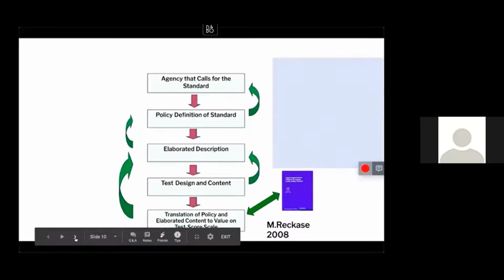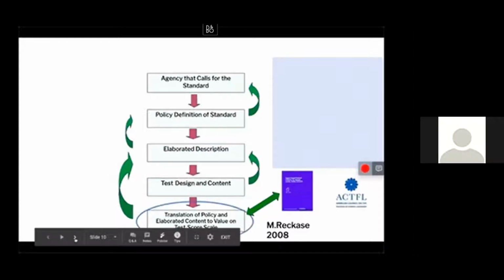But if you start saying my students are a B1, I need to know that your B1 is like my B1. And I have a proof, I have a way of checking how your B1 is my B1, because I've got a descriptor that describes this. And this is why standards are necessary.